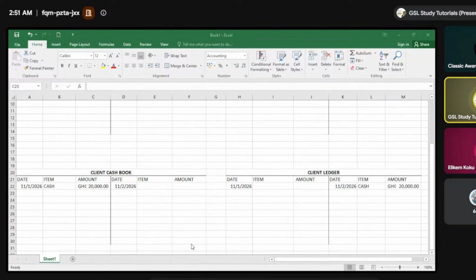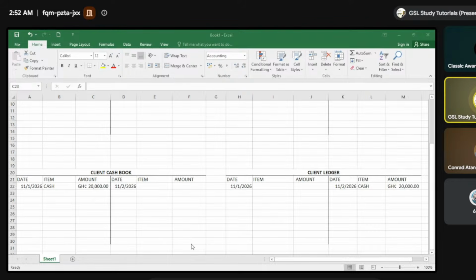Yes. So if it's from the client account, how do we treat it? Don't bother yourself with the new rules. You go back to the old format. How do we treat it if it's a payment from the client account? You credit the client cash book, and then you debit the client's ledger. Please, are we all on the same page? Remember, initially I told you, in most cases, the cash books will be credited.